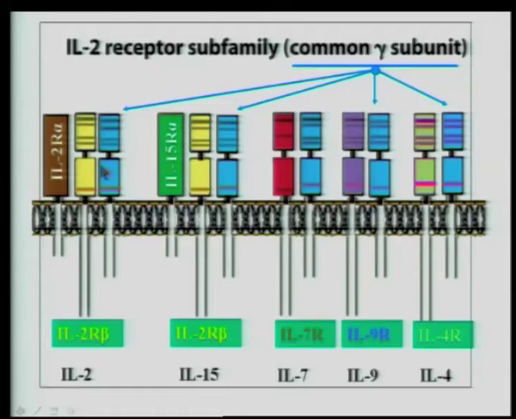The IL-2 receptor beta is shared between IL-2 and IL-15, but the alpha subunit is the one which is binding to the ligand.